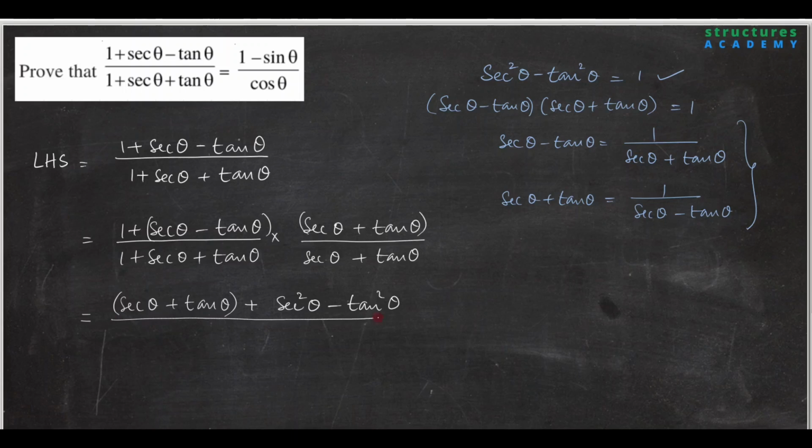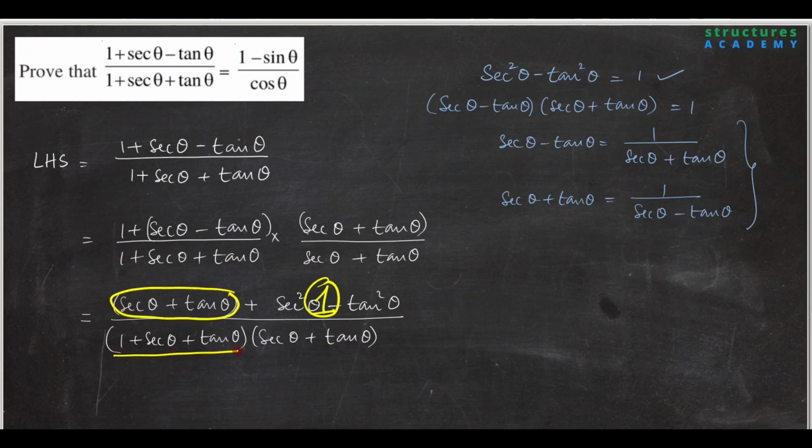Denominator becomes (1 + sec θ + tan θ) whole multiplied by (sec θ + tan θ). Now you would notice what happens to the numerator. This whole thing becomes 1, and we end up with 1 + sec θ + tan θ, which happens to be this factor in the denominator. So we can cancel this term with the entire numerator, which we're going to do right now.